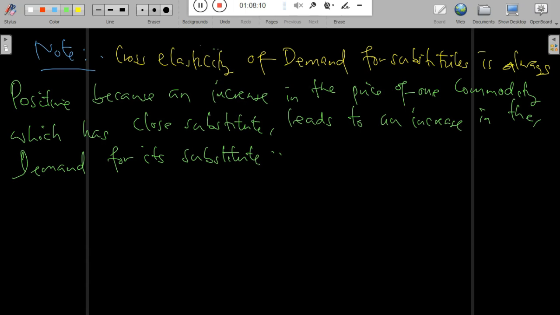So something that we should not forget is that the cross elasticity of demand for substitutes is always positive because an increase in the price of one commodity which has a close substitute leads to an increase in demand for its substitutes.